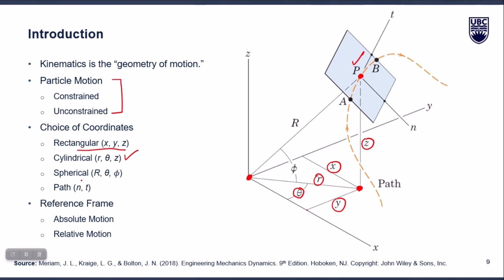Finally, spherical coordinates: capital R, theta and phi. Capital R is a three-dimensional vector connecting the origin and the point P, and its projection on the floor will be small r.